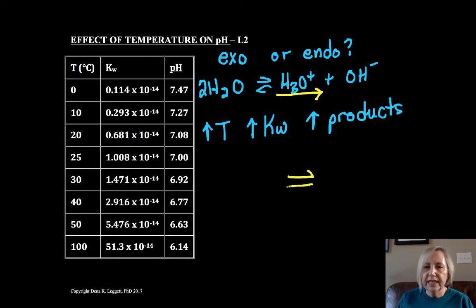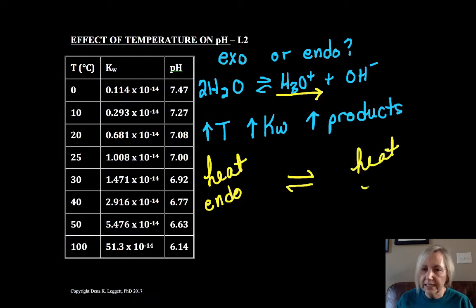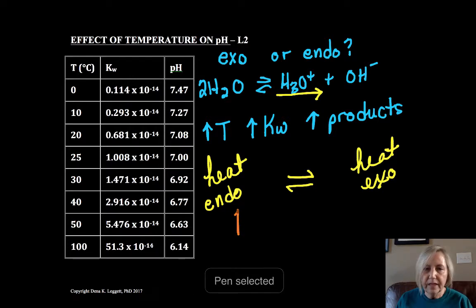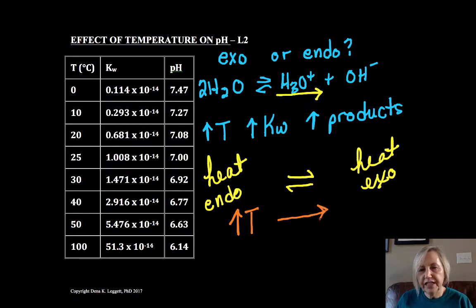So if you look at this, we've added heat. If it's endothermic, heat is on the reactant side. If it's exothermic, heat is on the product side. An increase in temperature means we added heat and that shifted to the right, so that must mean that our reaction was not exo.